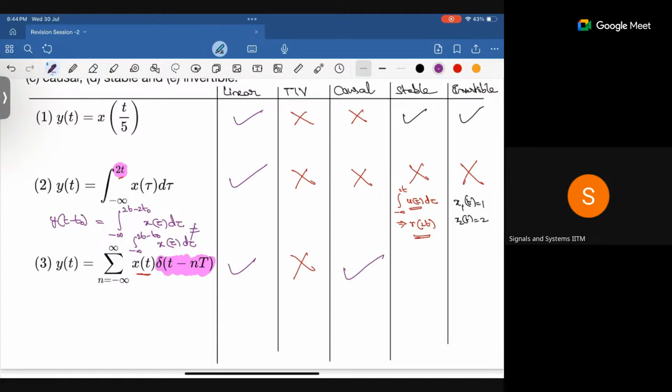We have an impulse getting multiplied to the signal. Even though you give a bounded input, when it gets multiplied to the impulse, it will become unbounded, no? So that is also very easy to see. It is not stable.